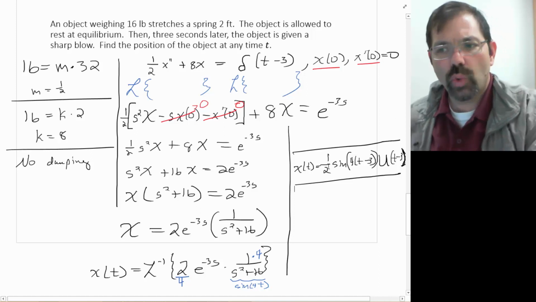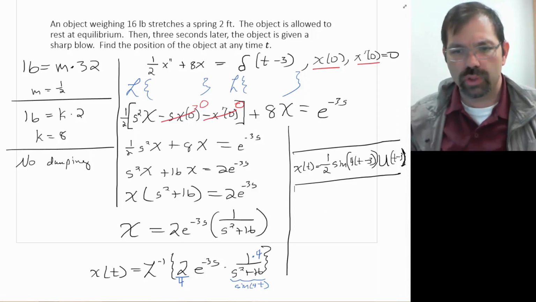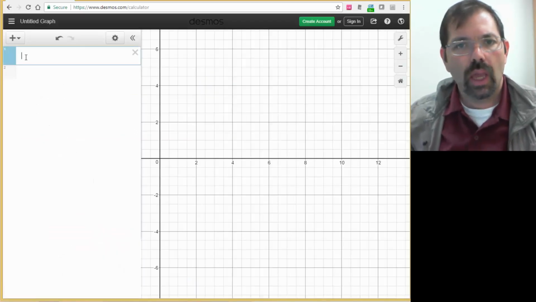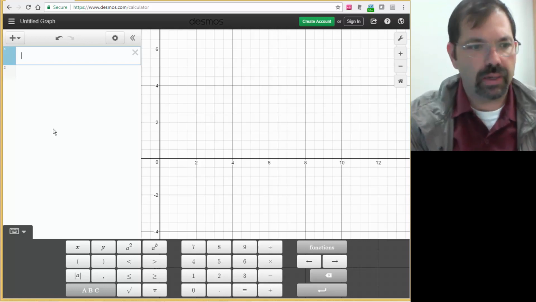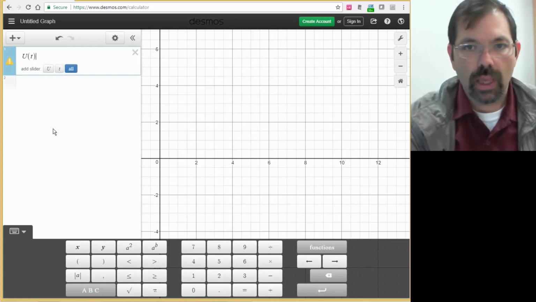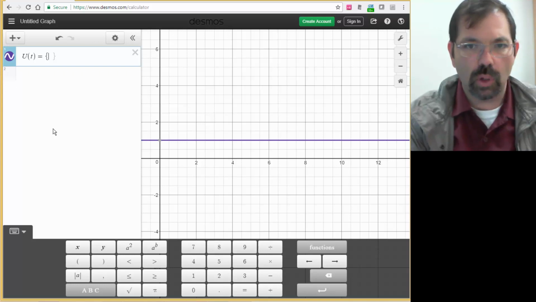So now let's actually look at a graph of this function. I'm going to use the program called Desmos to do this. Desmos is an online application, and it doesn't have the built-in unit step function. You have to define it first. So let me define u of t as a piecewise function. Here's how we do this on Desmos.